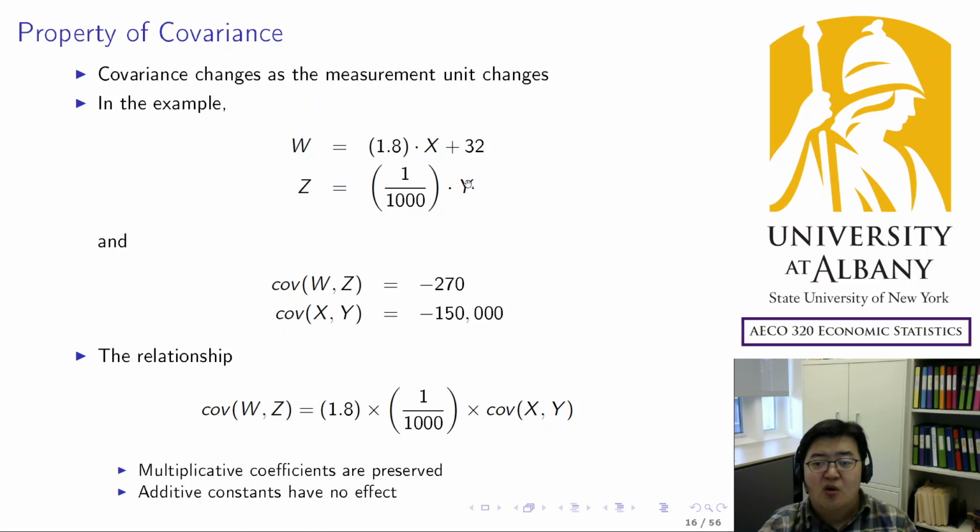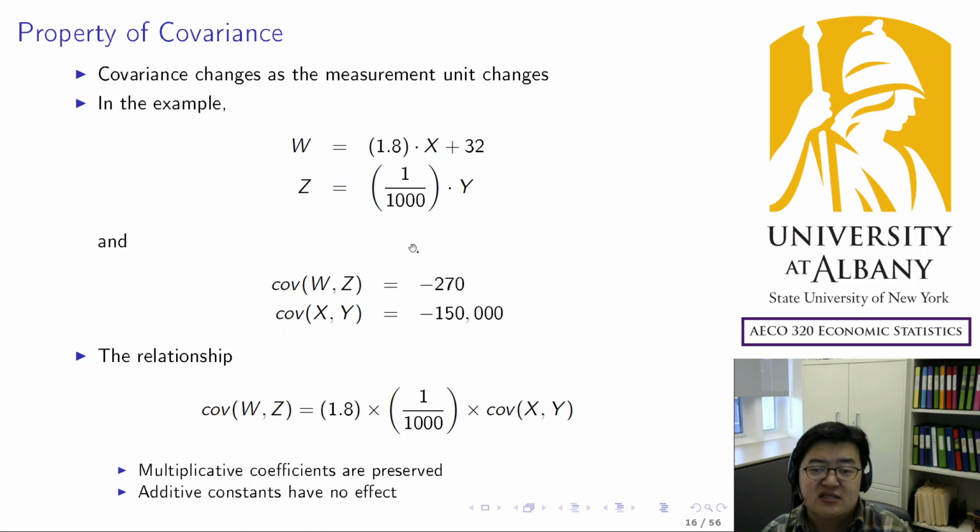And also, Y was the original GDP per capita in dollars, but we removed 3 zeros. That means we divide them by 1,000. That becomes Z, which is measured in $1,000. So this is another linear transformation.